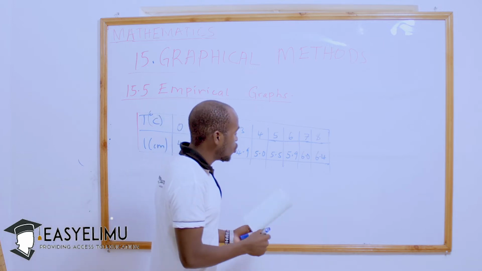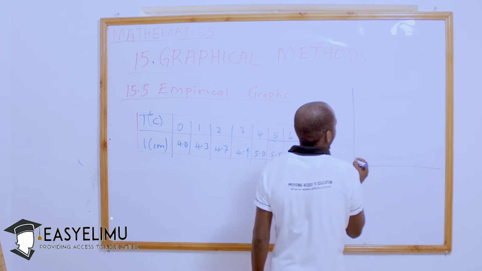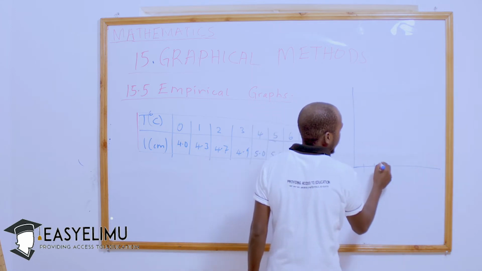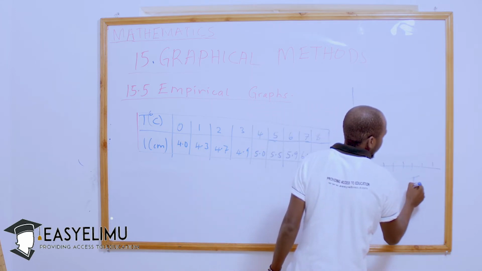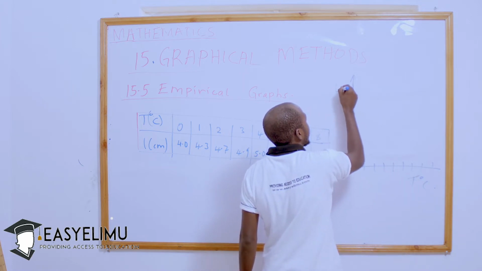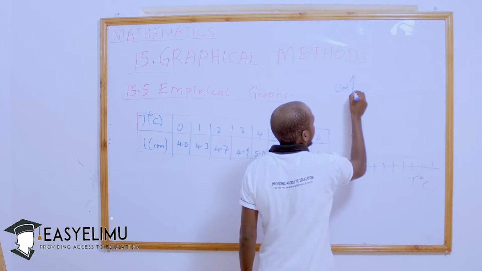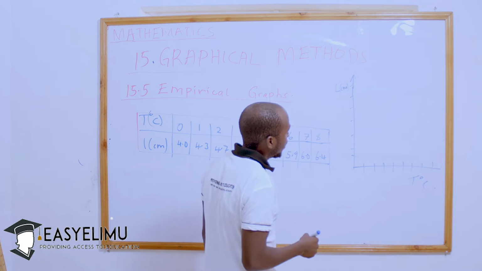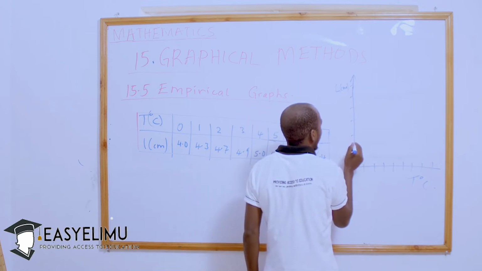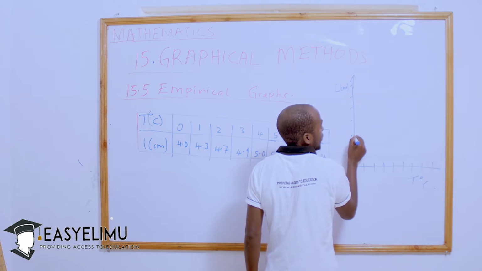Let's say this axis is T degrees Celsius, and this one is L centimeters, that is the length. Of course, the length of that metal rod may be starting at this point, for example.